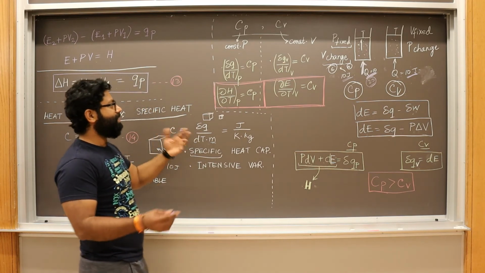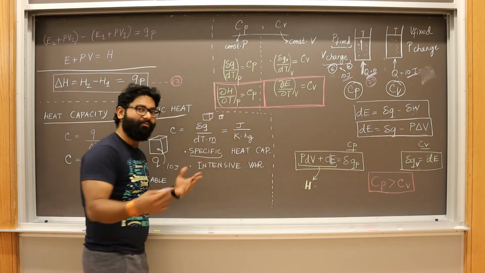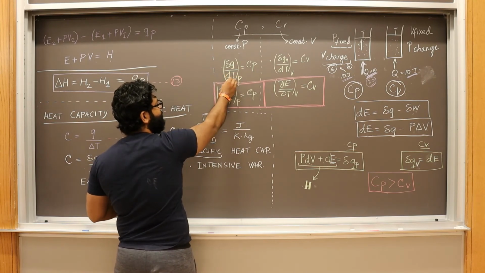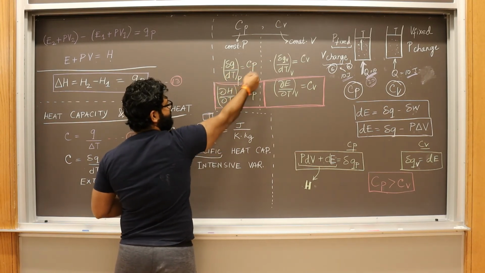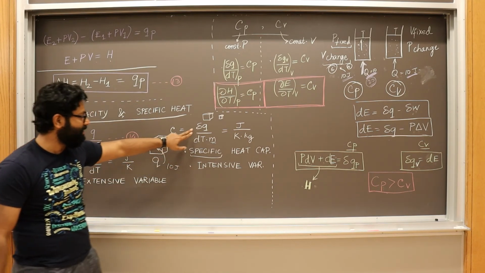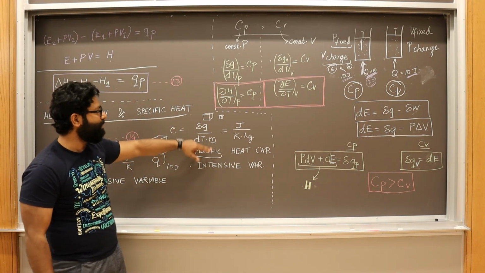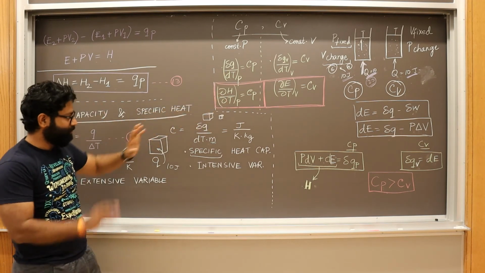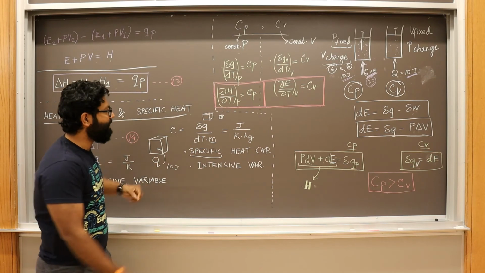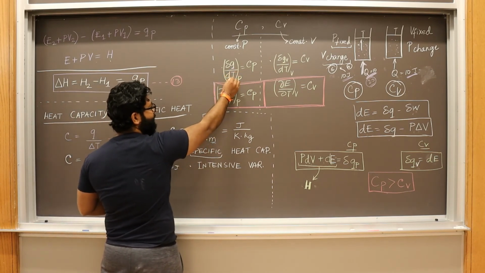Now let's try and understand what is happening here and formulate it. What is Cp? It is the amount of heat divided by the temperature change at constant pressure. This P is just that. The specific heat capacity was del Q by del T normalized by mass, so this is all normalized by mass, like specific heats. So here we have del Q by del T at constant pressure.